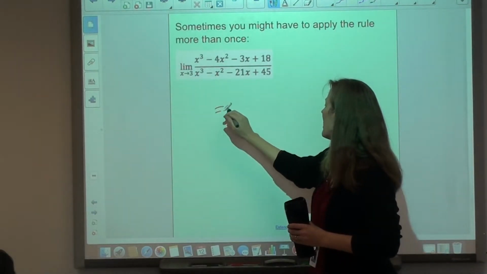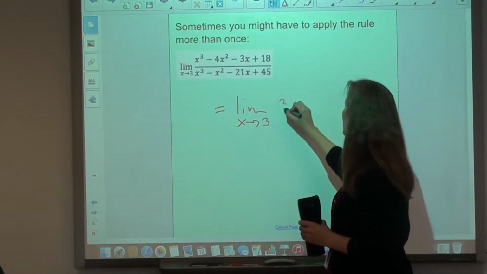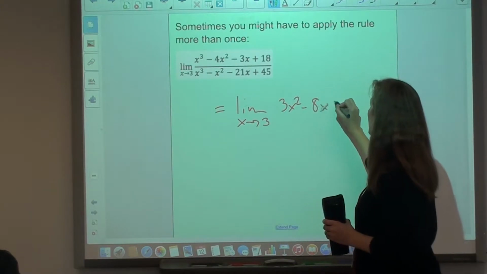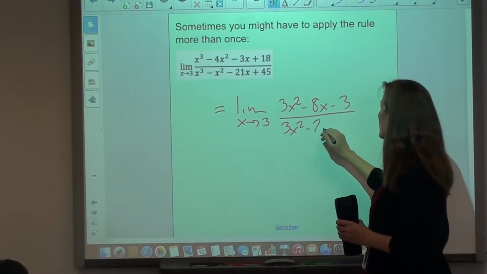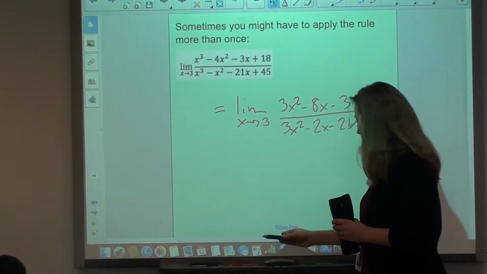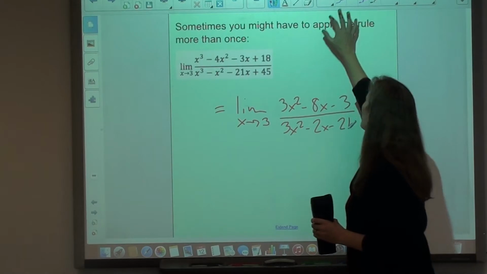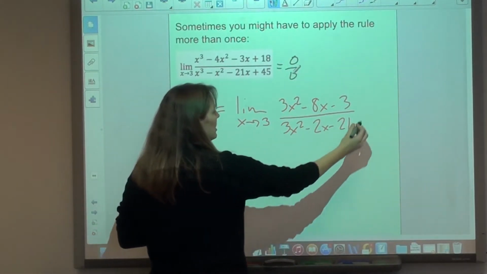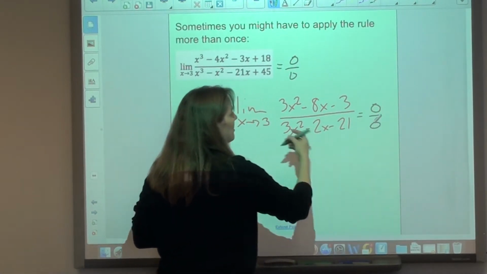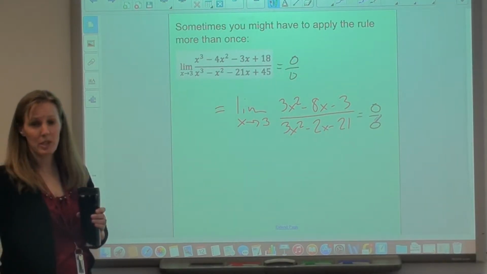So did you get the first step? Do it again. That's a big help. So when you get to here and you plug in the 3, what do you get? 0. You still get 0 over 0, right? So for this first one we plug in, we get 0 over 0. For this one we plug in, we get 0 over 0. Whenever you have a limit that when you plug in you get 0 over 0, can you L'Hopital? Yeah, L'Hopital again.